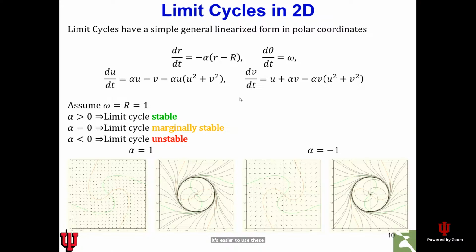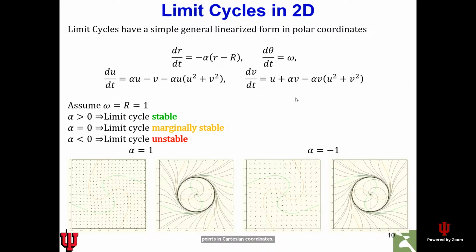The analysis of cycles and the analysis of fixed points are separate. You can do both, either in polar coordinates or in Cartesian coordinates. But it's a lot easier to analyze the cycle in polar coordinates, and a lot easier to analyze the fixed points in Cartesian coordinates. That's why I wrote the equations both ways.